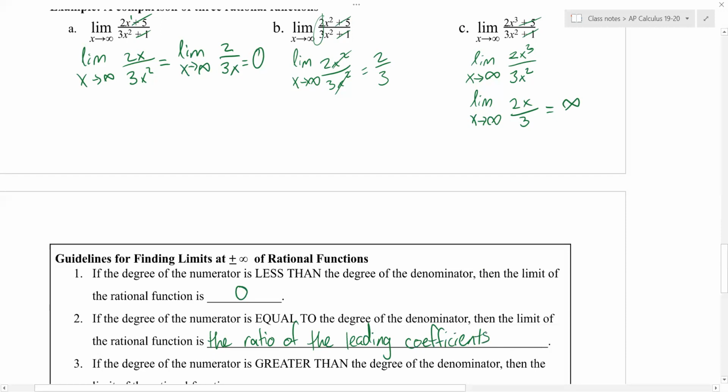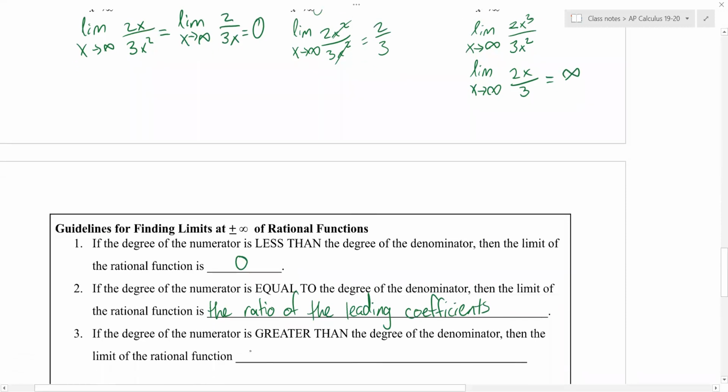And finally, if the numerator has a higher degree than the denominator, like in the final case, then we're going to approach positive or negative infinity. Note, if we had put negative infinity here, then 2 times a negative number divided by a positive number would be negative infinity.